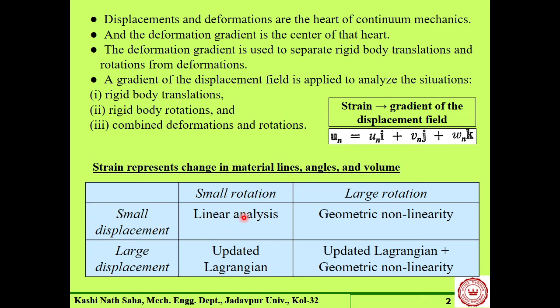If we have large rotation, what we get is called a geometric nonlinearity. That means as such there is no material nonlinearity, or we can say the material remains within elastic limit. Only, as I was telling, the relationship between strain and displacement is not remaining linear.